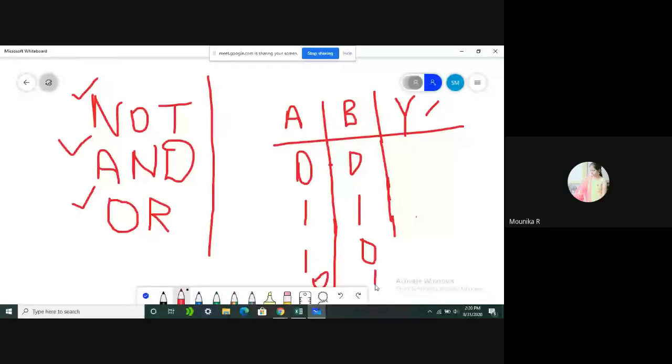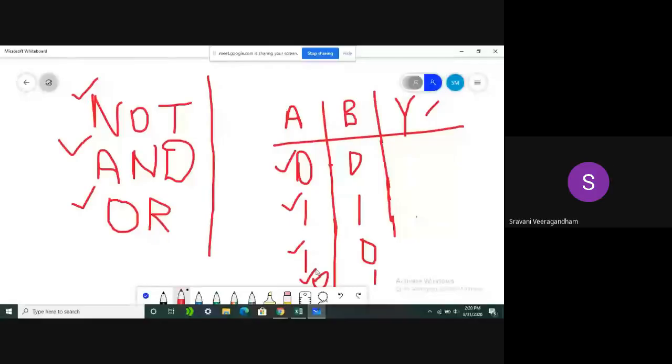No, sir. 0 0 is already given, only 4 combinations. 1 1 is given, 1 0 is given, 0 1 is given. No other combinations are possible, only these four.